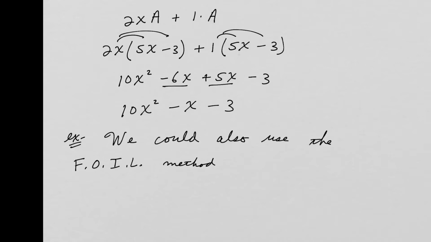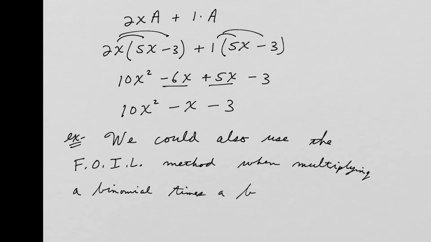So we could also use the FOIL method when multiplying a binomial times a binomial. Okay, so what is the FOIL method?